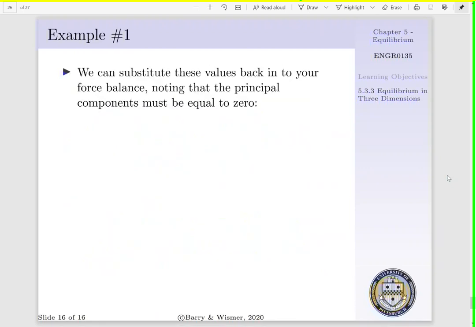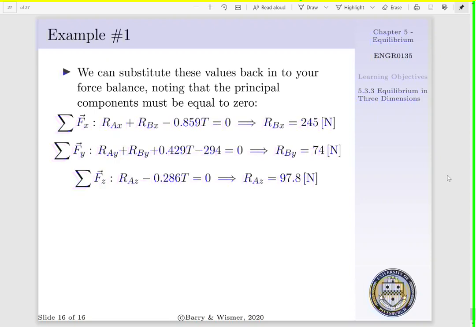Lastly, we can substitute these values back into our force balance equation, noting that our principal components must be equal to 0. That is, we can say the summation of forces in the x direction has to be equal to 0. We have RAX plus RBX minus 0.859T is equal to 0. Given that we solved for RAX previously, as well as our tension, we find RBX to be equal to 245 newtons.